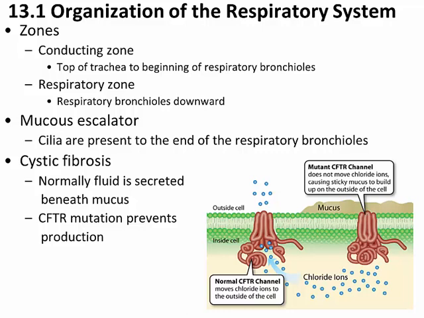It's a disturbing topic. It's the most common lethal genetic disorder that occurs in the United States or in most populations in the world, as your book describes. But it frequently necessitates a lung transplant and has a significant impact on overall survival.